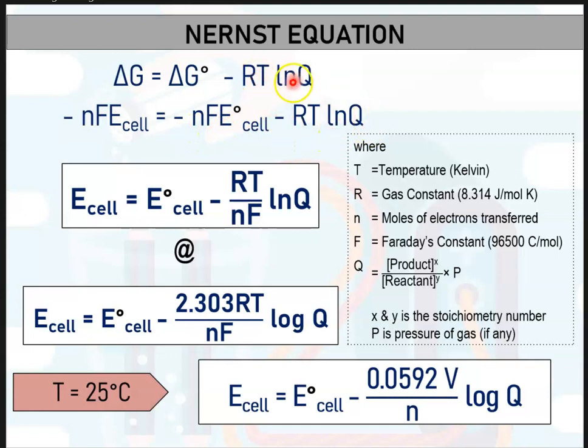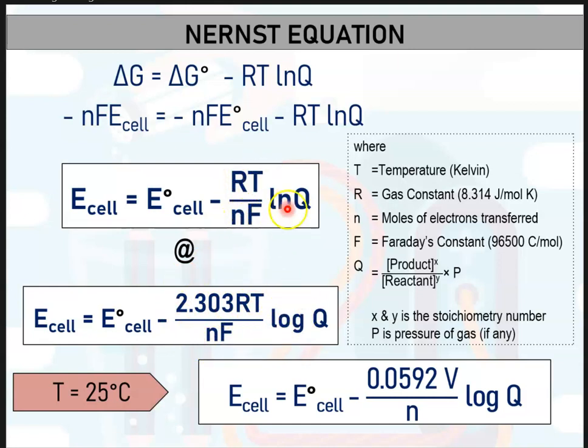This one is maintained. So if we arrange this equation, we get E cell is equal to E naught cell minus RT over nF ln Q, or E cell is equal to E naught cell minus 2.303 RT divided by nF log Q. So be careful with this one. If you use this one, it is log.